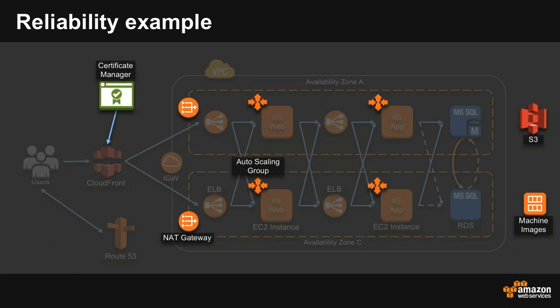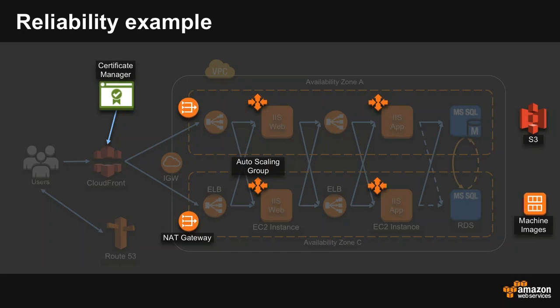The definition of peak demand is up to our customer, and this can be defined based on CloudWatch events, CloudWatch metrics, or even the applications themselves can trigger the scaling out and the addition of additional application servers and web servers into that tier of the architecture.